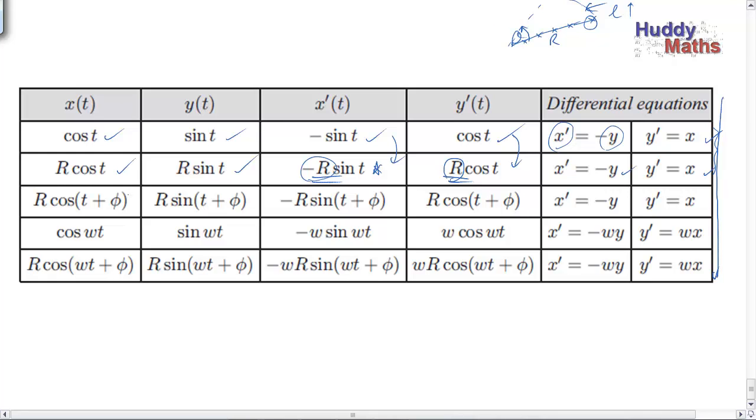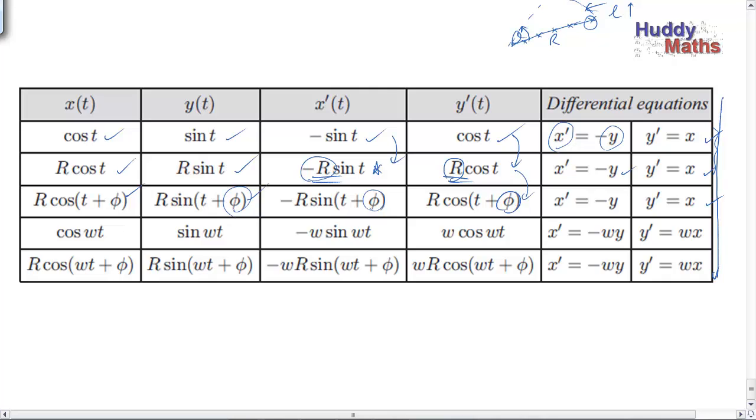Okay, and then we put a phi in, these phis here. Did it change the velocity? Well, it changed the starting position, but the expressions here are still the same. And we would say, well, what's the effect of this phi? It just starts at a different position.